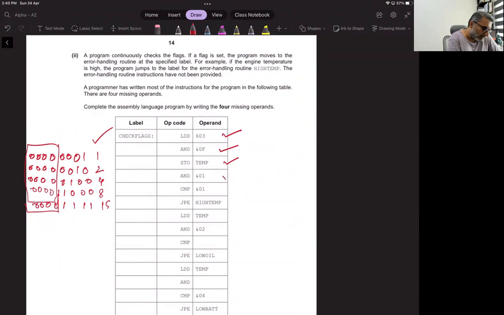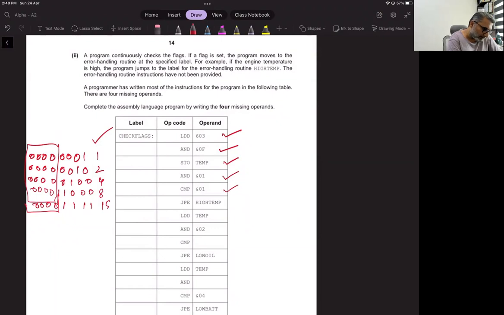Then AND with 0, 1. First load the whole thing. AND with all ones. And then store the result in temporary. Then AND it with 1.